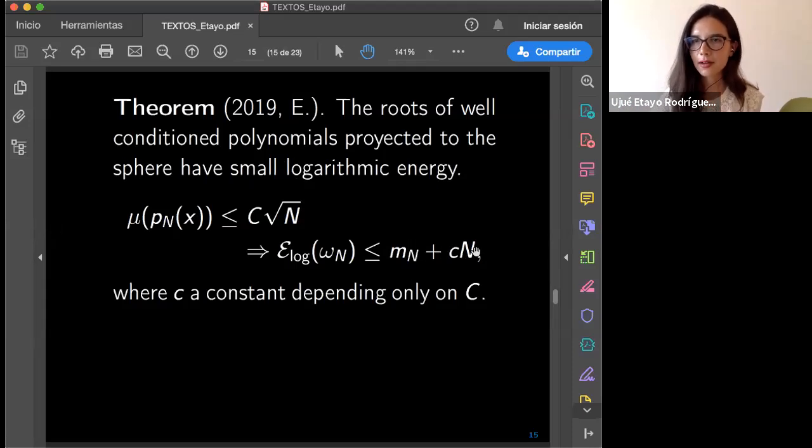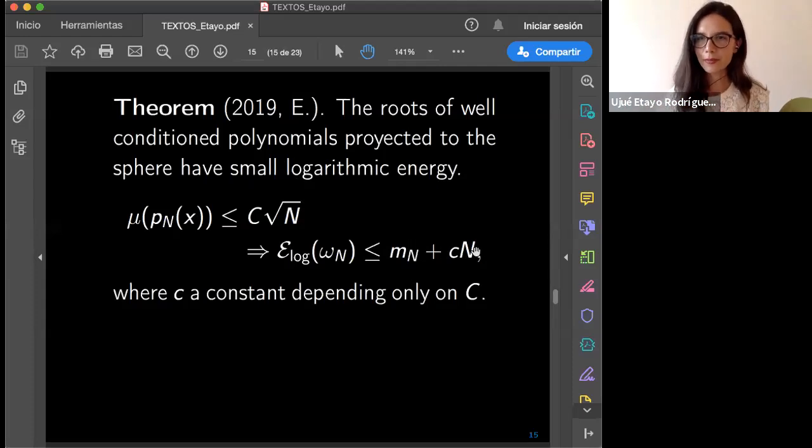Okay. So now we have a complete relation. Well-conditioned polynomials give place to points with a small logarithmic energy, and points with a small logarithmic energy produce well-conditioned polynomials. It's completely closed.